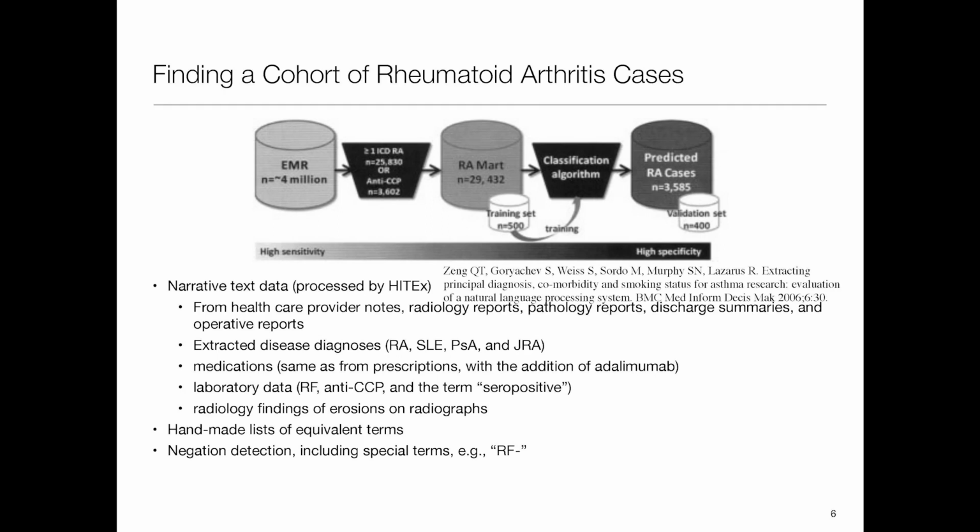And we did this from healthcare provider notes, radiology and pathology reports, discharge summaries, operative reports. We also extracted disease diagnosis mentions from the same data, medications, lab data, radiology findings, et cetera. And then we augmented the list that came with that tool with a hand-curated list of alternative ways of saying the same thing in order to expand our coverage.